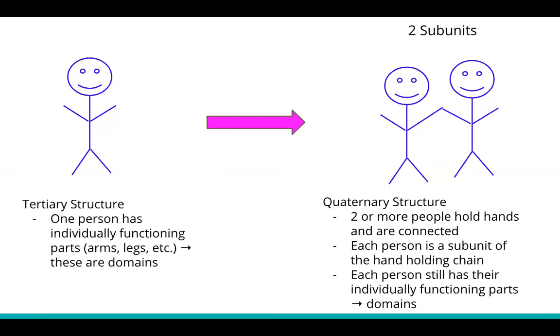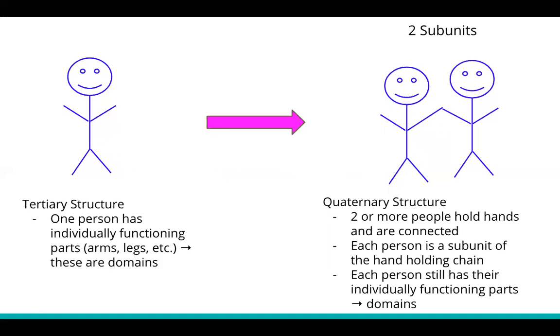Yeah, I guess I could try another analogy with this diagram, but the way I look at it is, let's say the person on the left is me and the people on the right are me and Chi-Chi. Me on the left, I have my lungs, my heart, my bones, all my different body parts that make up me. I'm one person.